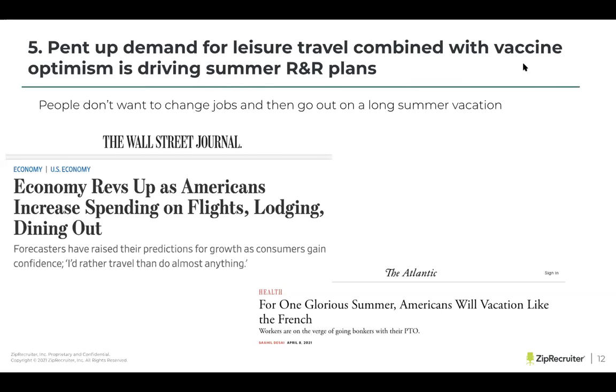As the economy is revving up, Americans are increasing spending on flights, lodging, and dining out, which is creating more and more jobs. The Atlantic reported that for one glorious summer, Americans will likely vacation like the French, meaning they're going to extend their paid time off beyond the typical two weeks that they received while working.